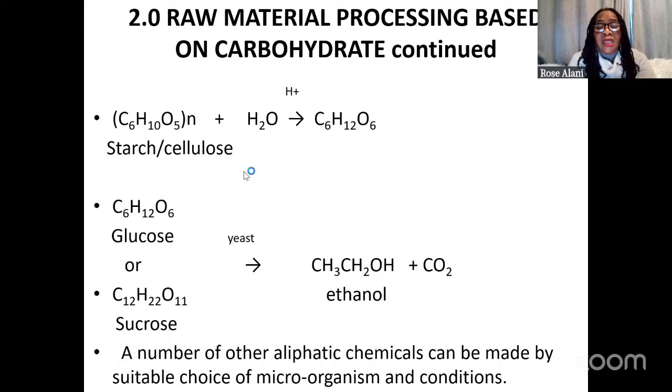So you get a number of aliphatic chemicals from ethanol. This ethanol production or fermentation is based on the availability and use of microorganisms under certain conditions.